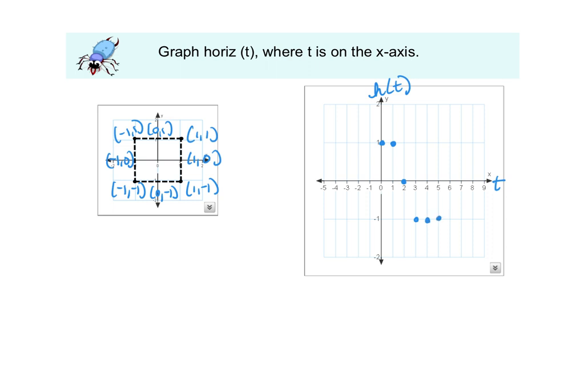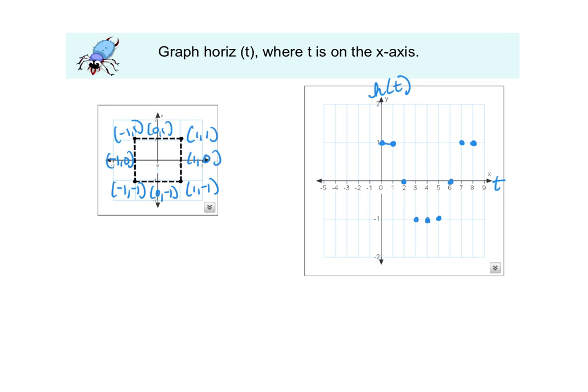And then at time 6, my x-coordinate is 0. At time 7, my x-coordinate is 1. At time 8, my x-coordinate is still 1. And now it's gone 1 full revolution.